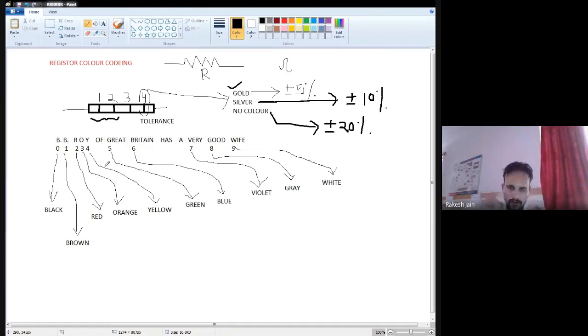So whenever you want to find out the value of a resistor in your hand with the help of the color coding method, just write down the numbering of the first color and second color.